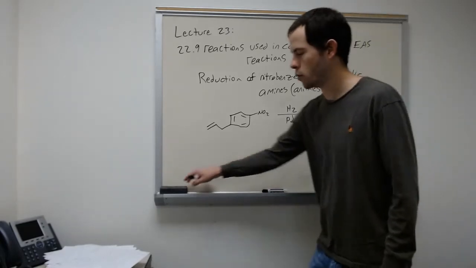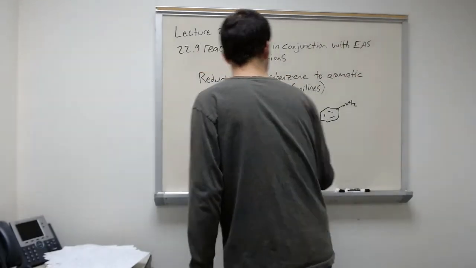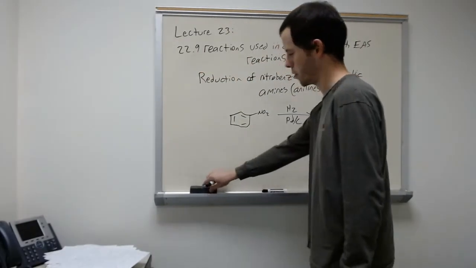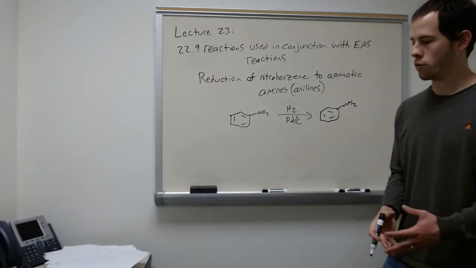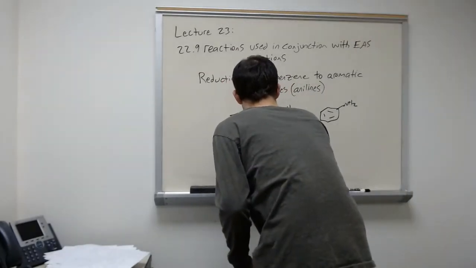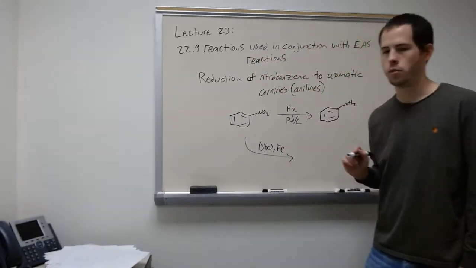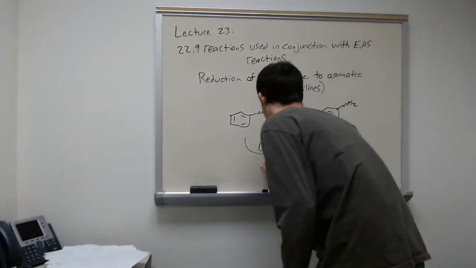So the second way we can reduce our compound, I'm going to take away this part of the benzene ring here. Alright, the second way we can reduce it is to use HCl and iron, followed by sodium hydroxide.